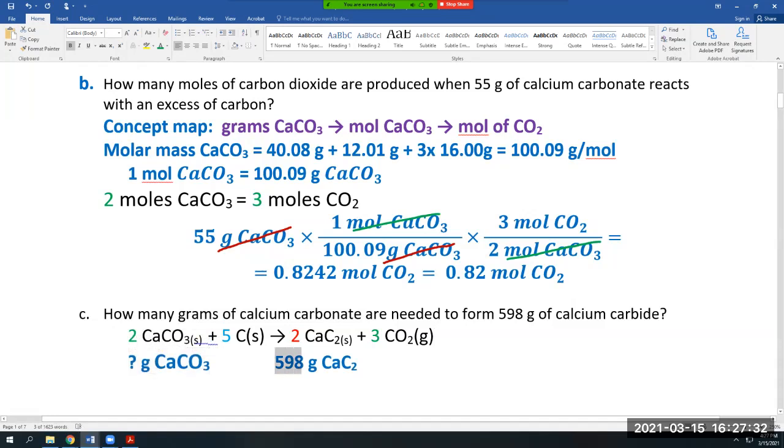Under calcium carbide, I like to write the amount that is given. So this time we have grams and we are asking for grams. So this is going to be a full stoichiometry calculation where you go from grams to moles to moles to grams.